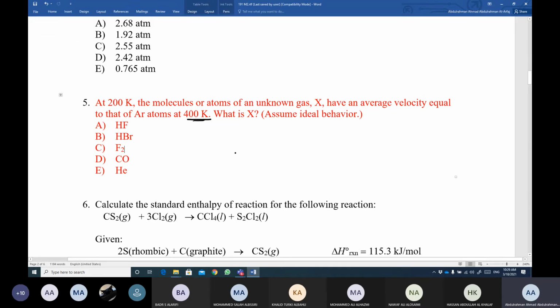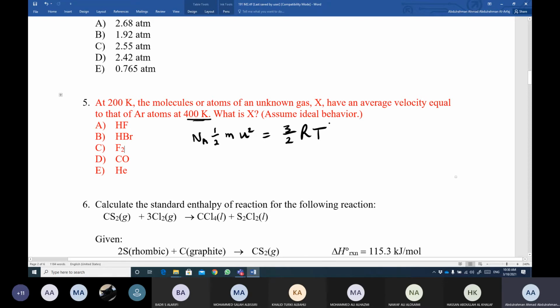Now, what should we do? We know that half mu squared, times the Avogadro's number, equal to 3 over 2 RT.